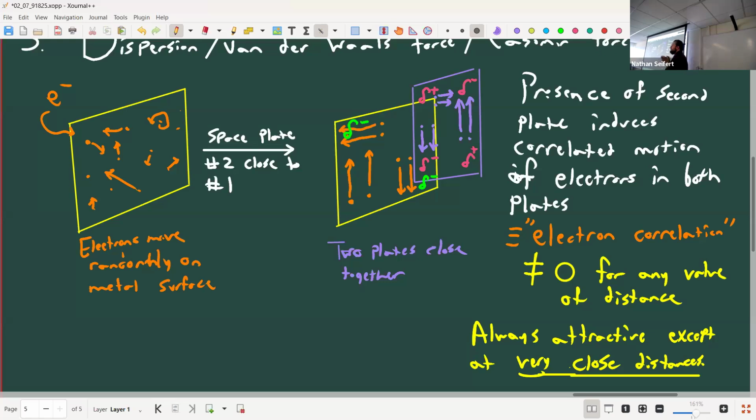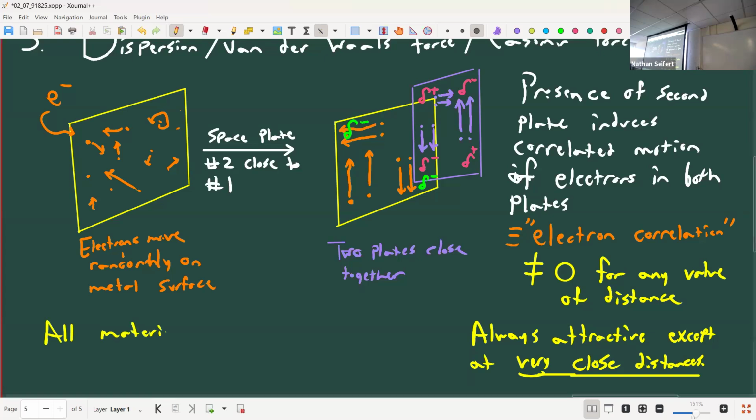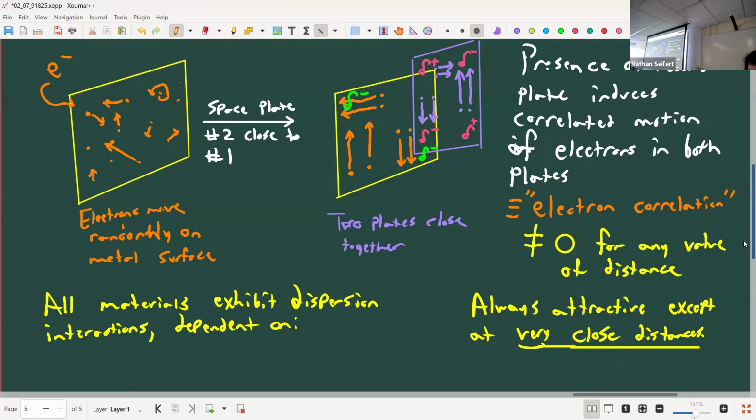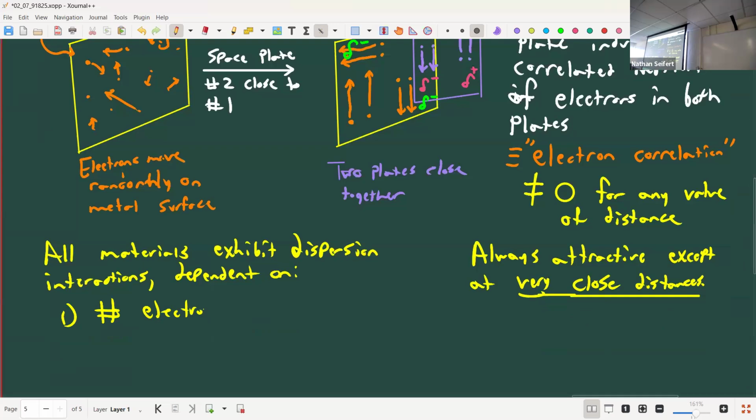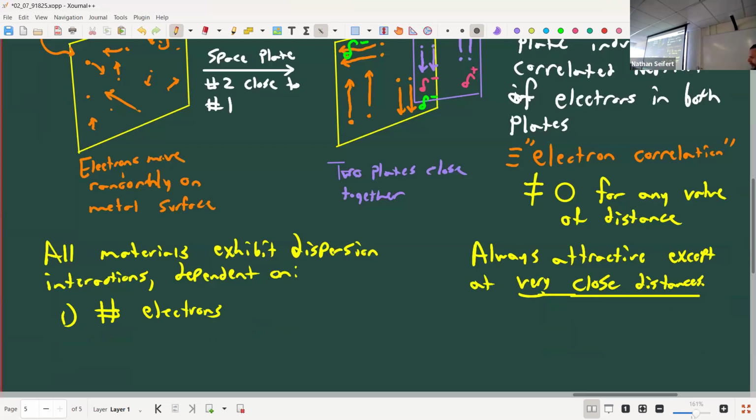This is chemically universal, materially universal. All materials exhibit dispersion interactions. And it's dependent on two things: the number of electrons, so the more there are, the more attractive.